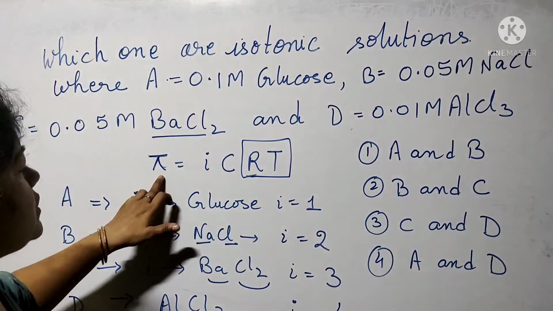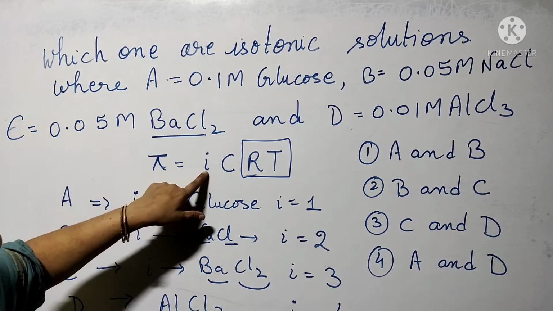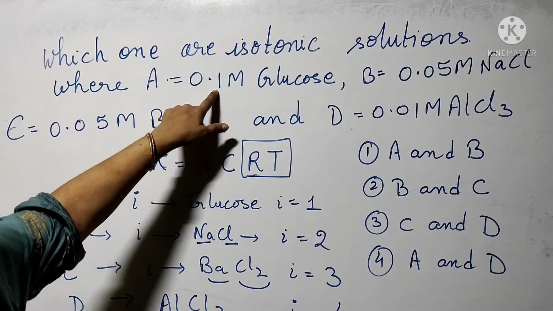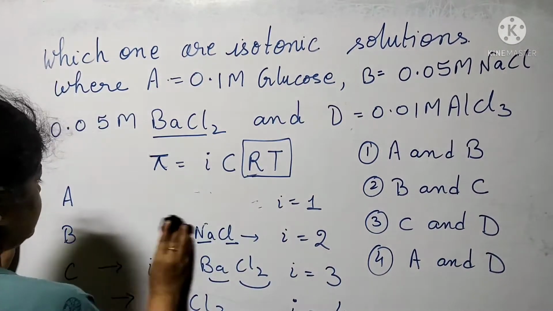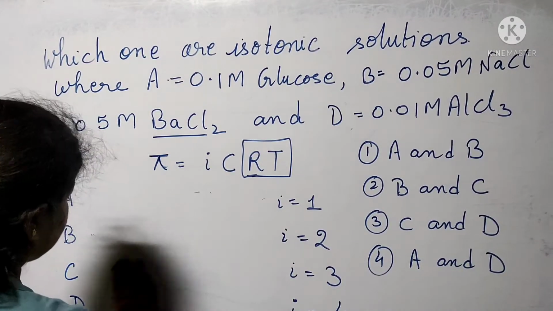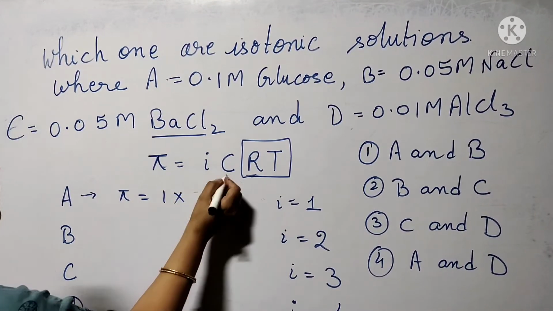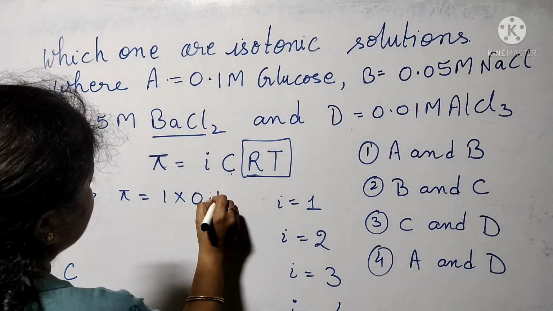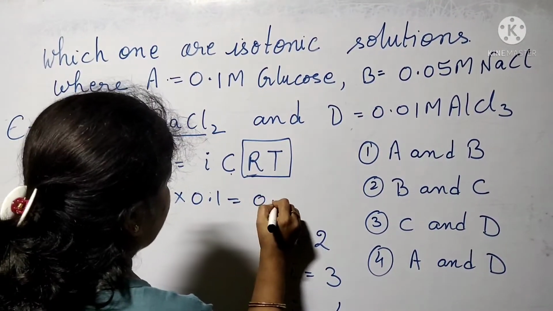Now osmotic pressure depends on both i and concentration. That means we have to multiply i with the concentration. Here we have 0.1 molarity, here this, here this. So one by one we find the osmotic pressure. For A, the value of π is equal to 1 into the concentration of A, 0.1, which is equal to 0.1 RT.